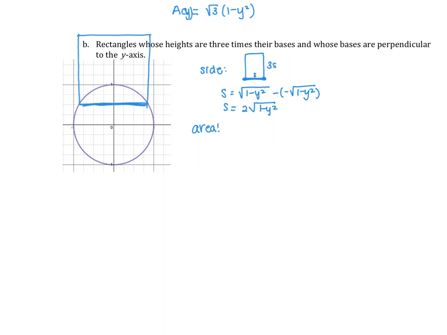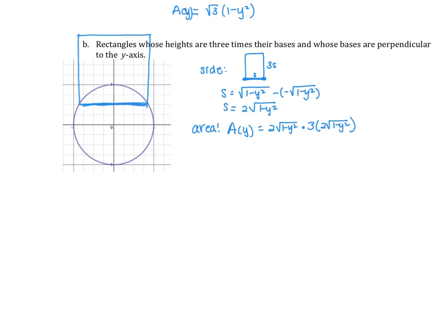So when I go to find my area formula, and remember it's with respect to y, my base or my side length is 2 root 1 minus y squared, times 3 times 2 root 1 minus y squared. 3 times the base.